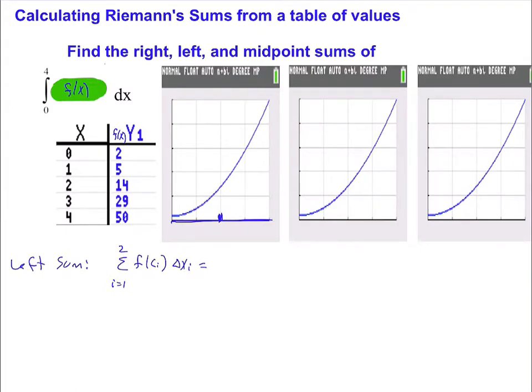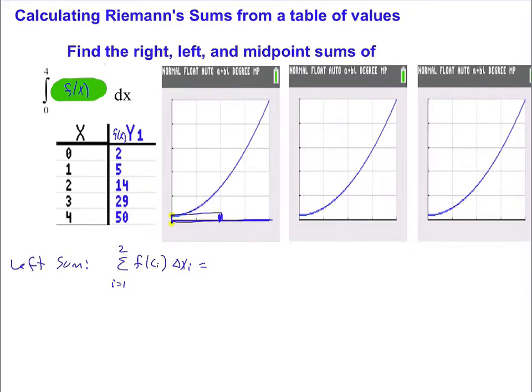So the left sum, I would use the leftmost point from the first interval to find the y value and multiply that by the x distance to find the left sum.